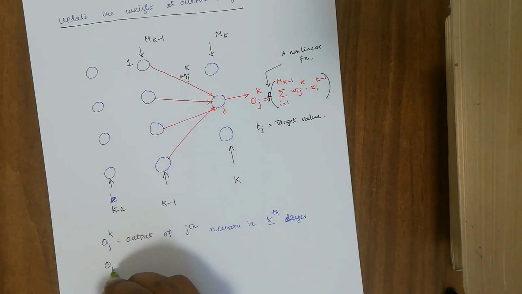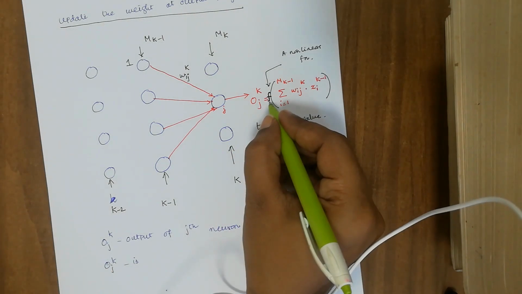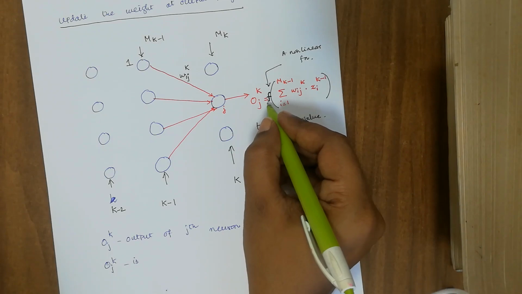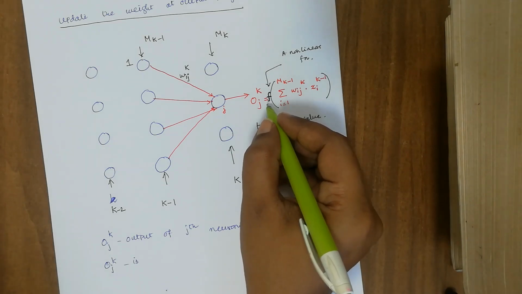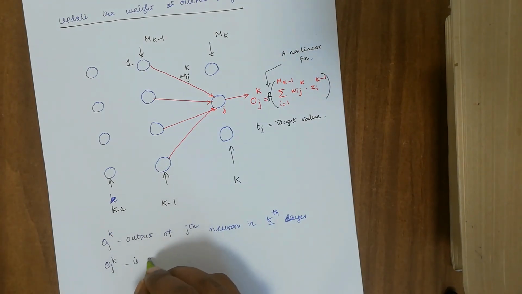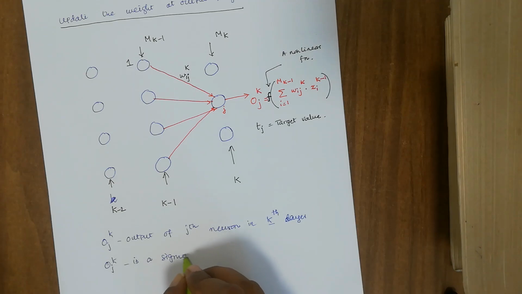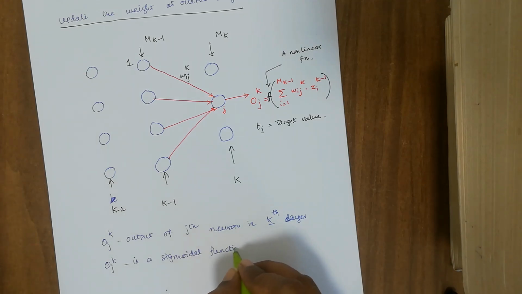And what type of nonlinear function will we make use of? As we discussed, we will make use of a sigmoidal function as the nonlinearity. So Oj^K makes use of a sigmoidal function as a nonlinear function.